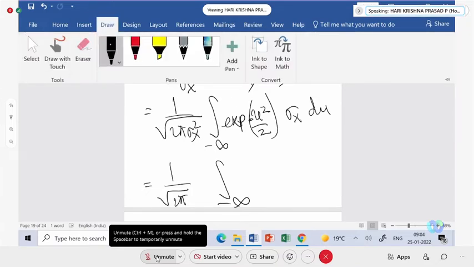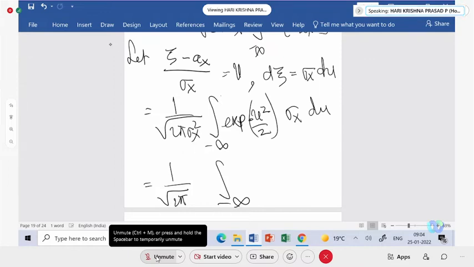So when xi equal to x, the upper limit simply becomes x minus ax by sigma x. X minus ax by sigma x, minus u square by 2, simply du.